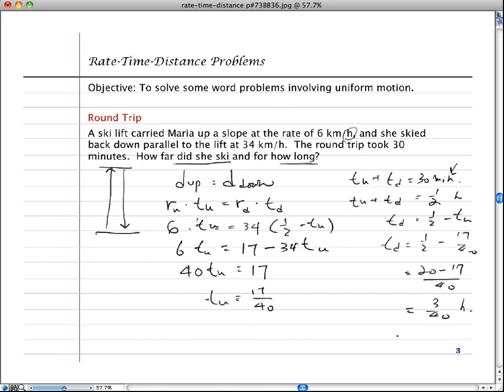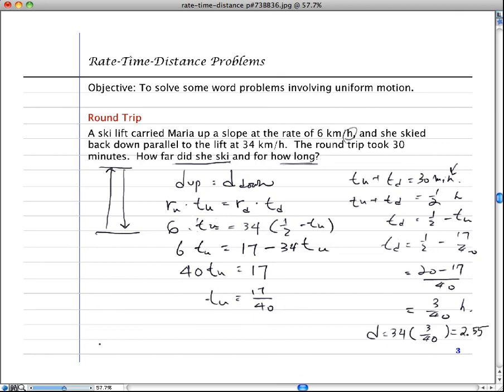So in order to find the distance, the distance is equal to rate times time. And the rate that she was coming down at was 34 times t that we just found, which is 3 over 40. And when we do the calculation, that should come out to 2.55.